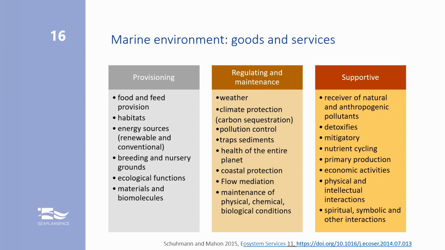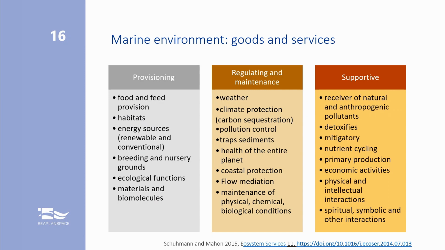So what are regulating and maintaining goods and services? First of all, here we have weather. Weather is also connected to climate protection, and here we have carbon sequestration, for example, the ability to control pollutants and various sediment traps, and the marine environment offers pretty much a lot for the health of the entire planet.